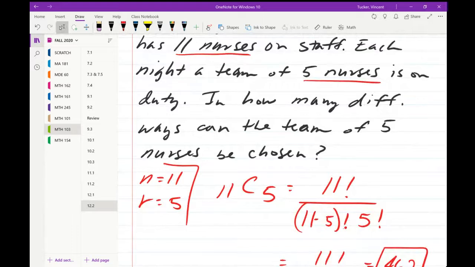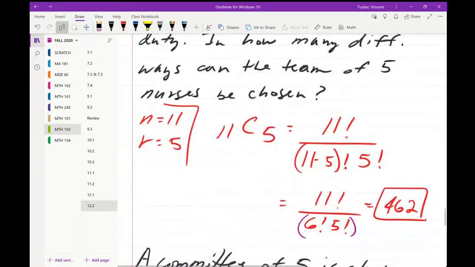So plug it in accordingly, or use your calculator correctly. We've got n equal to 11, r equal to 5, so that's 11C5. We have 11 factorial over (11 minus 5) factorial times 5 factorial. 11 minus 5 is 6.